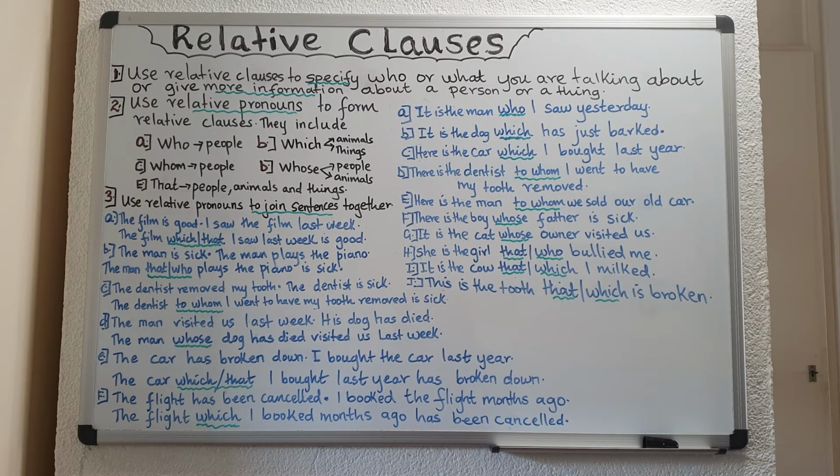Now that we know what we use relative clauses for, and that we use relative pronouns to form relative clauses, how do we actually do it? Let us now look once more very closely at the examples on the right. It is the man who I saw yesterday.